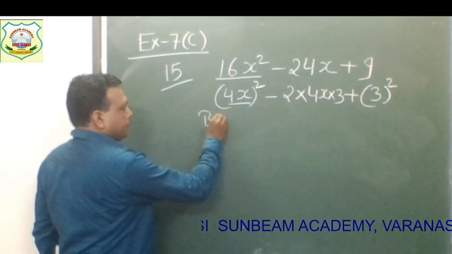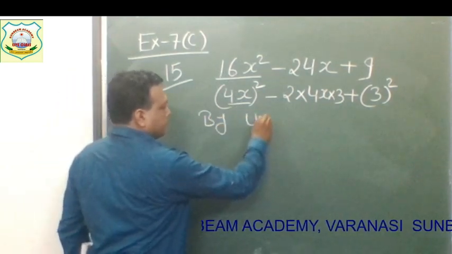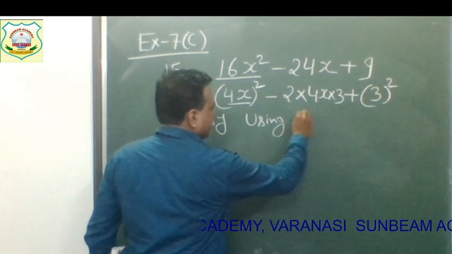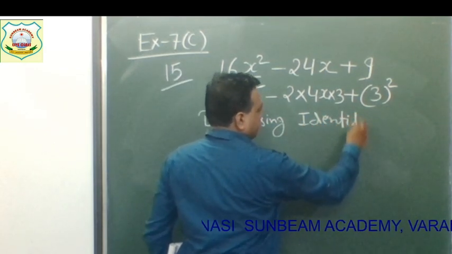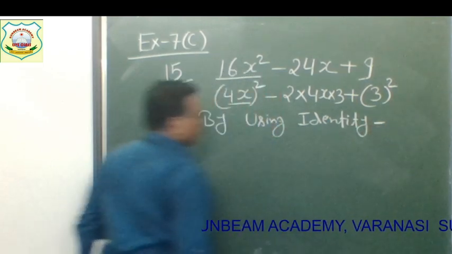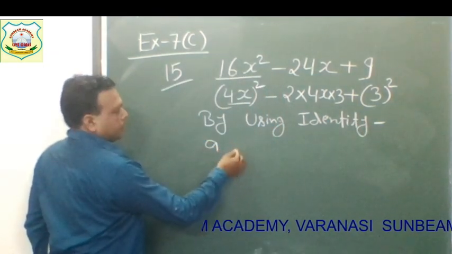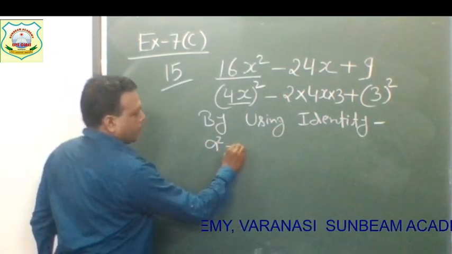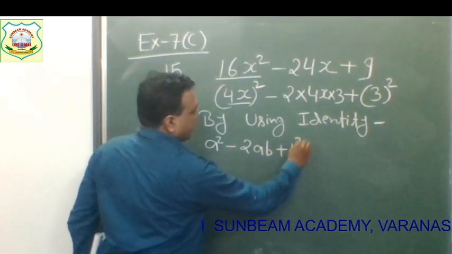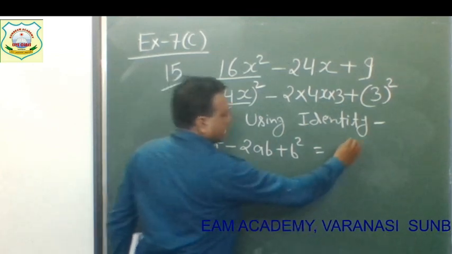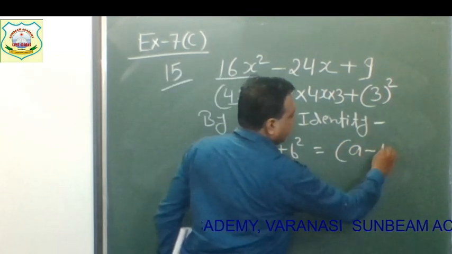By using the identity a square minus 2ab plus b square, that is a minus b whole square.